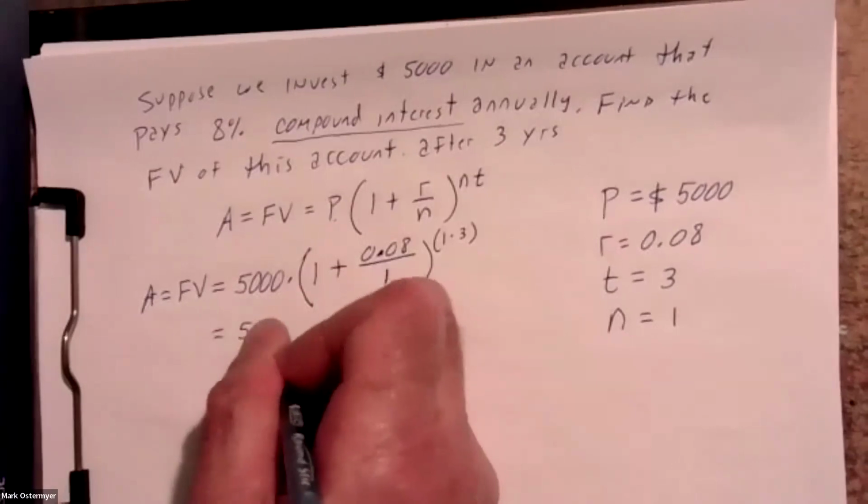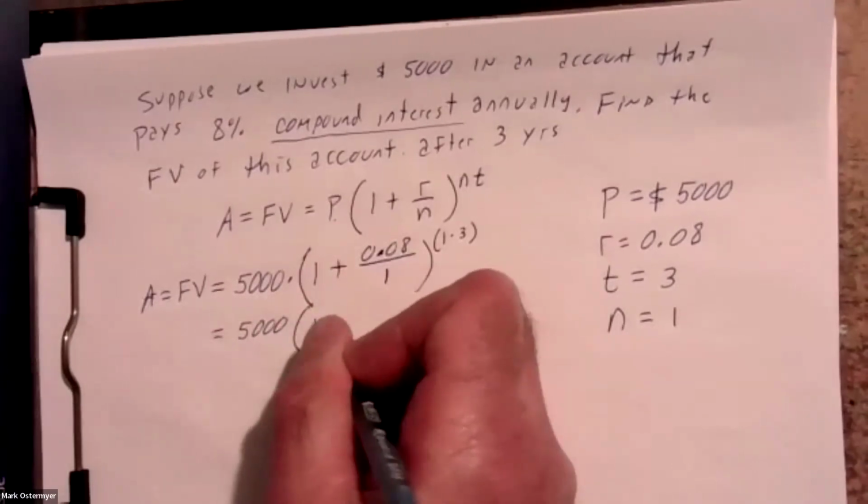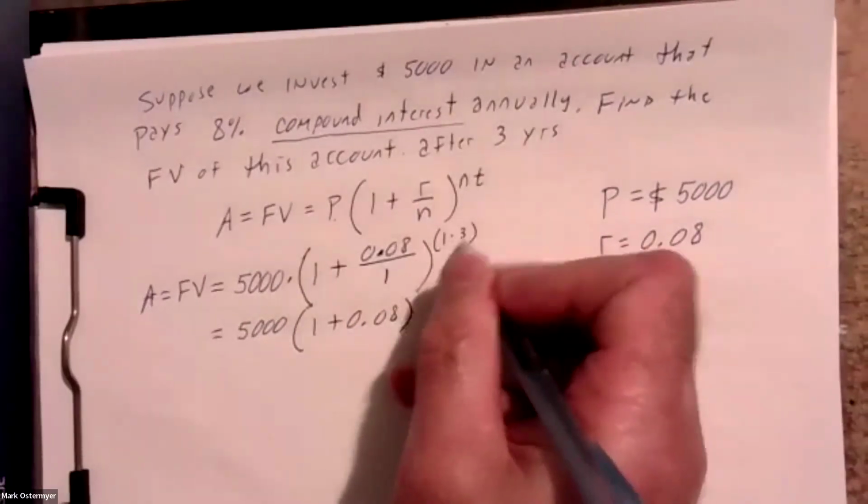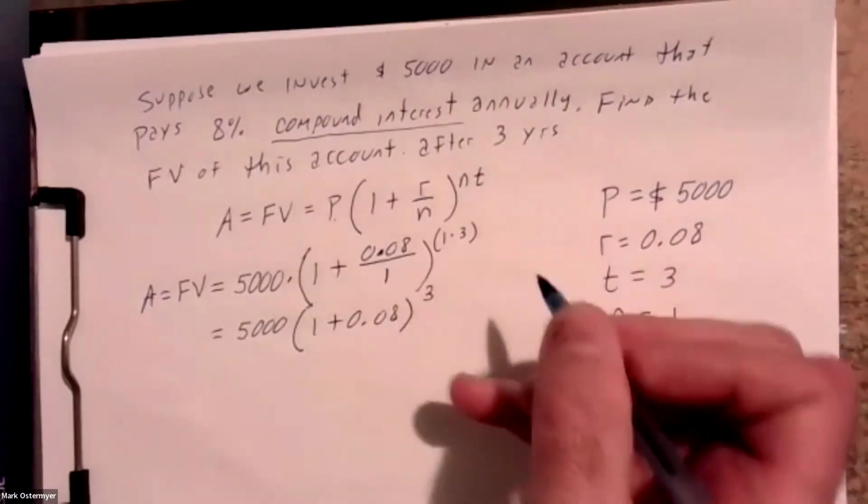Now, this is really equivalent to 5,000 times 1 plus 0.08 raised to the 3rd power.